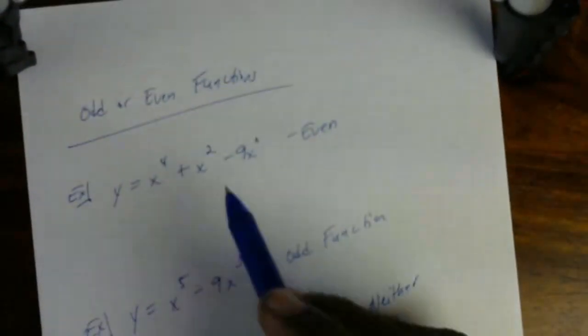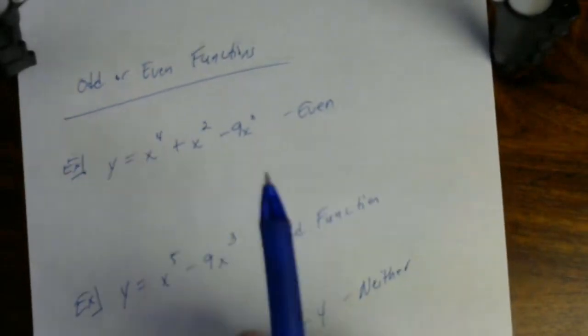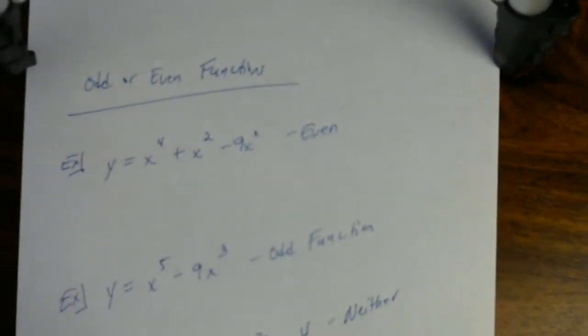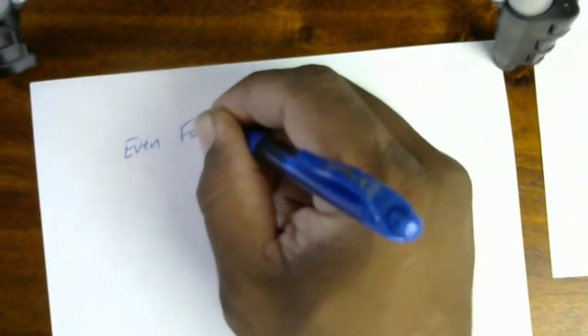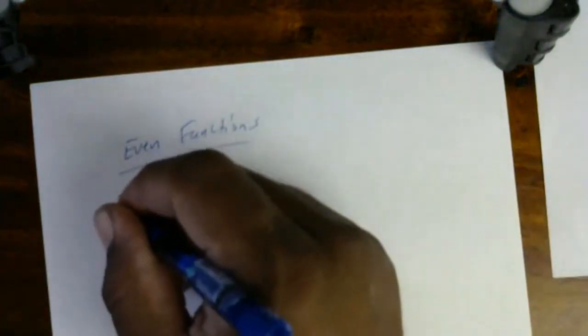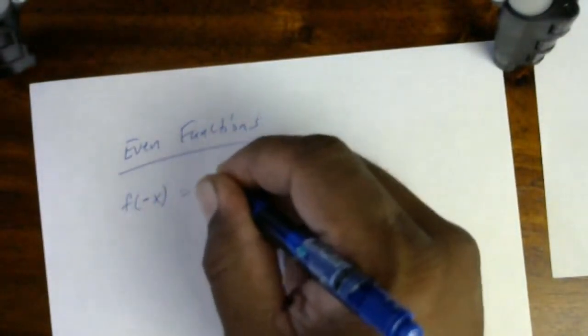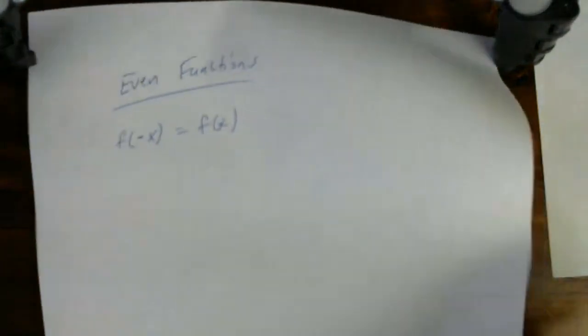Okay, so I'm going to take this odd function and this even function, and we're going to run those functions through the formula. Now, this is for even functions. It says that f of negative x is equal to f of x.